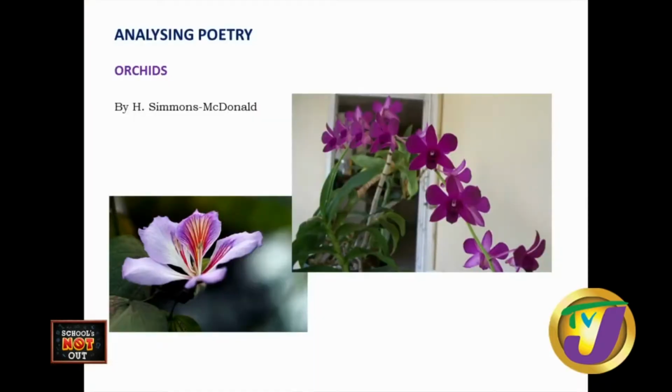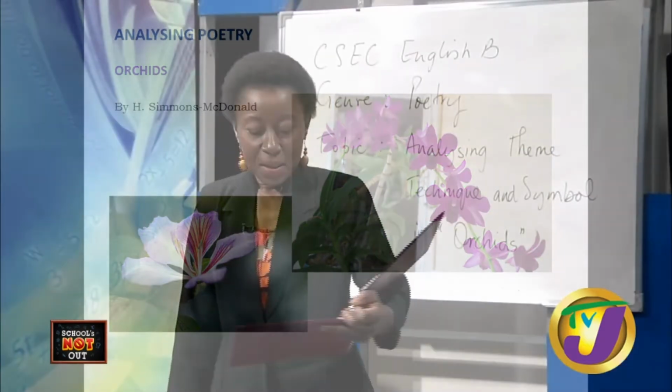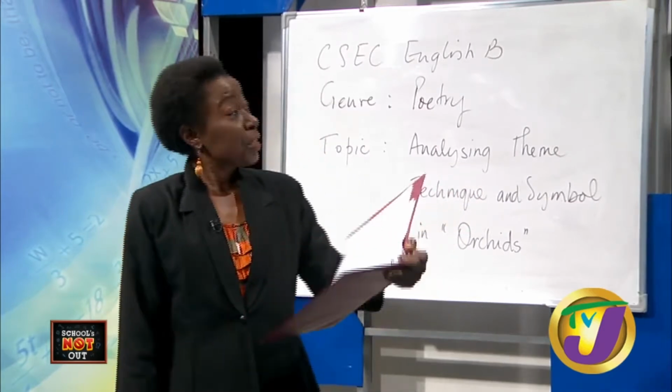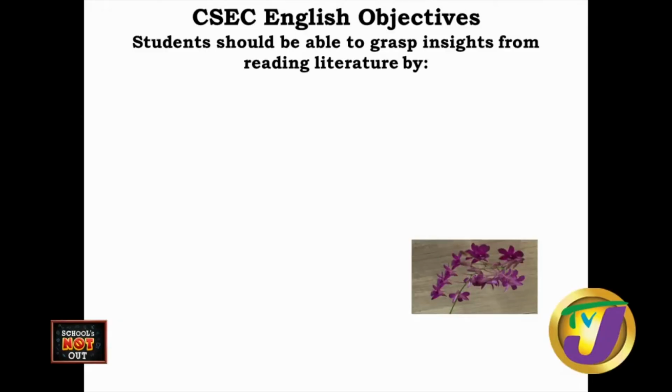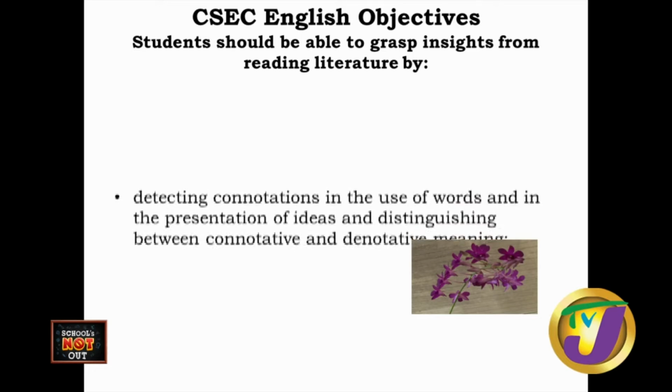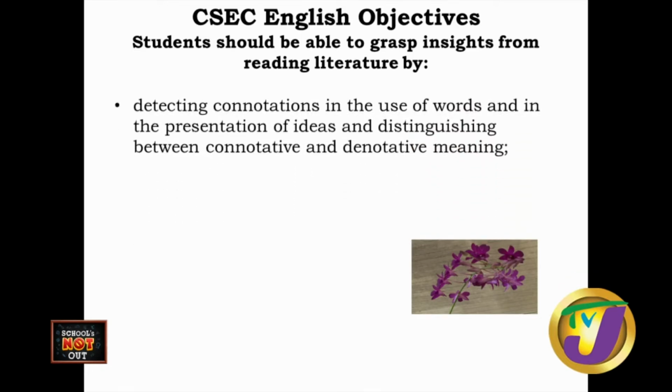So today, we are looking at CSEC English B, the CSEC objectives. Students should be able to grasp insights from reading literature by detecting connotations in the use of words and in the presentation of ideas between connotative and denotative meaning.